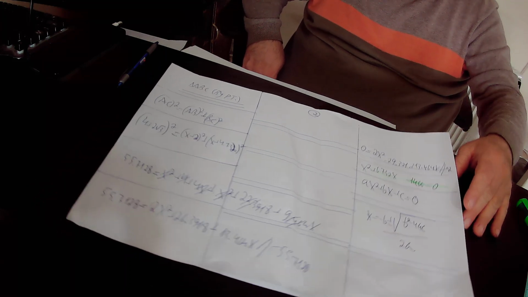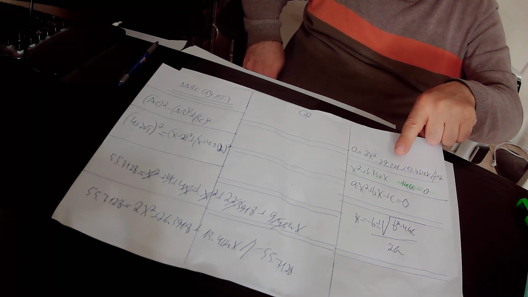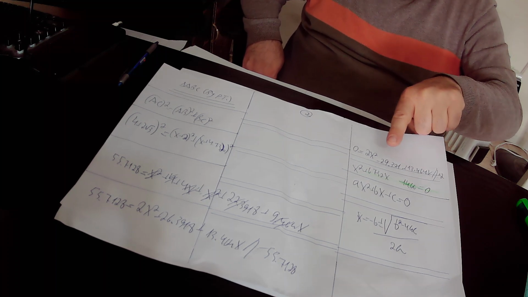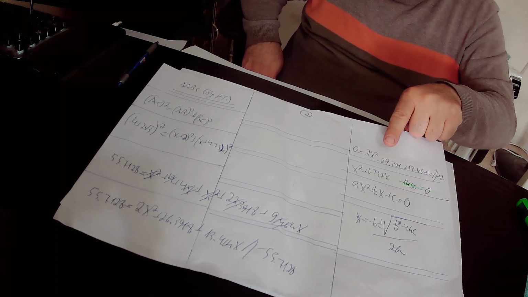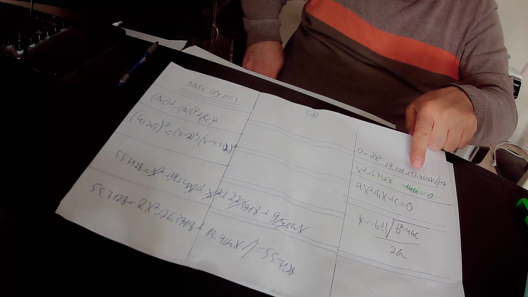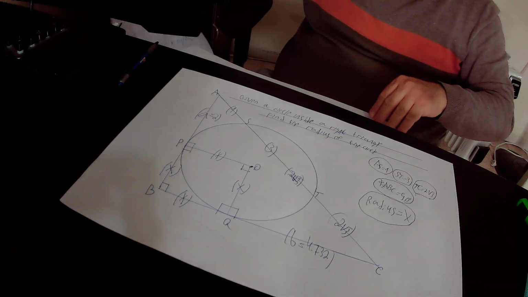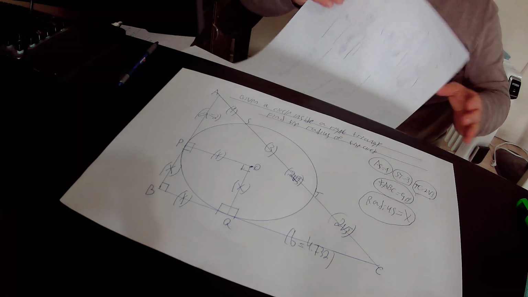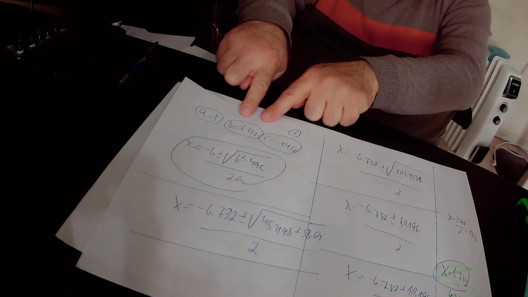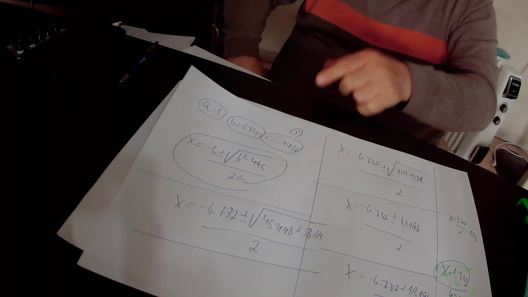In our specific quadratic equation, that is x squared plus 6.732x minus 14.66 equals 0, the coefficient a equals 1, the coefficient b equals 6.732, and the coefficient c equals minus 14.66. I'll repeat again: in our specific quadratic equation, a equals 1, b equals 6.732, and c equals minus 14.66.